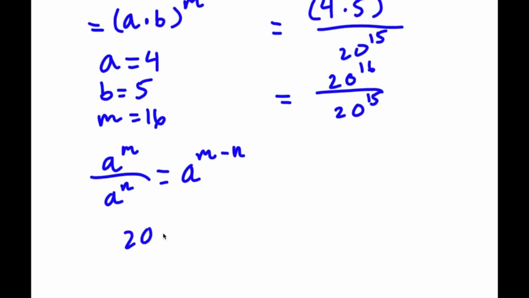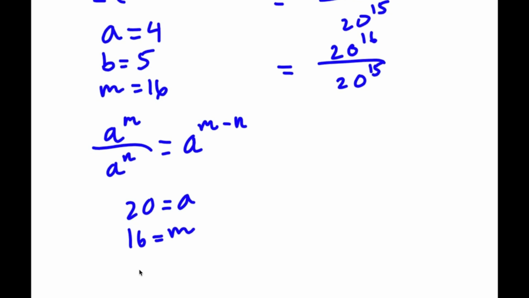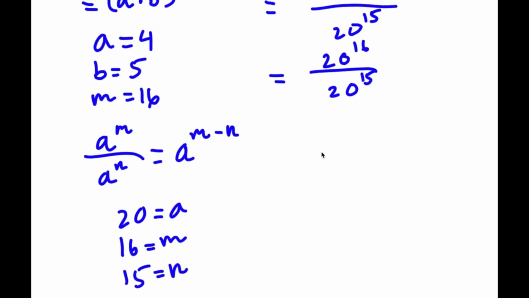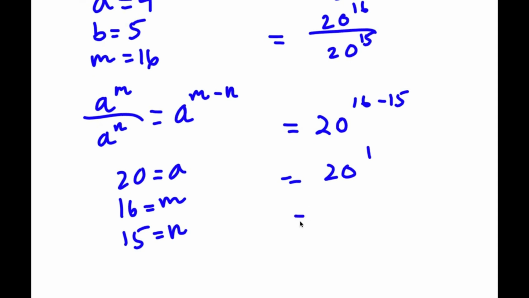And again, we can think of 20 as a, 16 as m, and 15 as n. So now this is going to equal 20 to the power of m minus n, so 16 minus 15. 16 minus 15 is equal to 1, so we have 20 to the power of 1, and anything to the power of 1 is itself, so 20 to the power of 1 is simply 20.